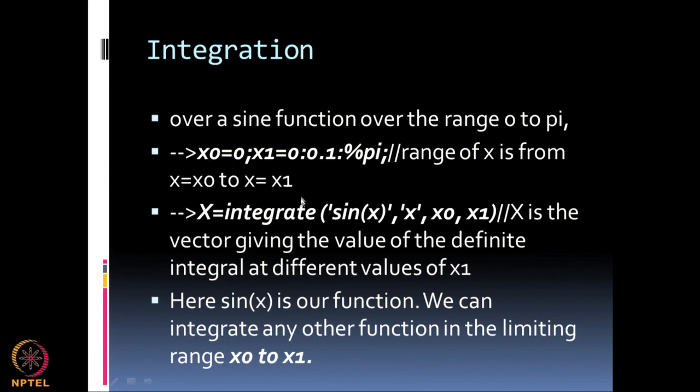Then I write capital X equal to integrate sin x, x comma x0 comma x1. My x0 is my initial value, x1 is a vector which goes from 0.1 up to pi, and my x is also a vector. So, I am going to integrate the sine function from x0 to x1.